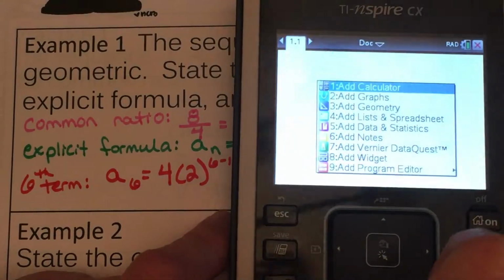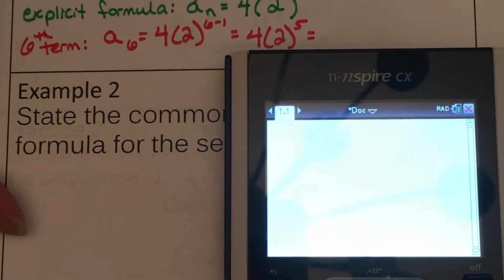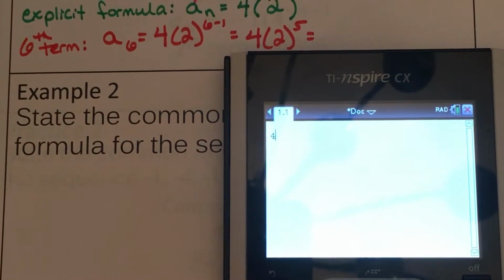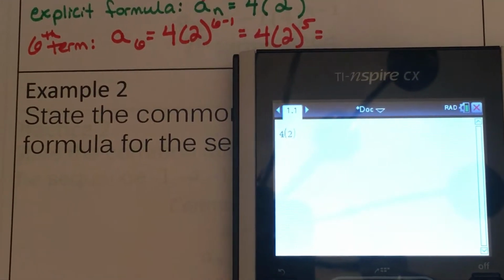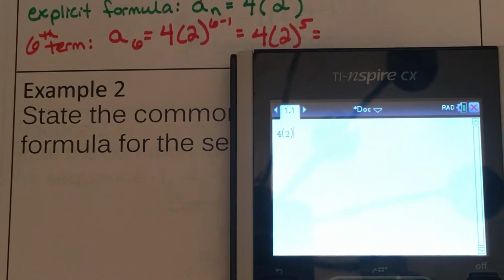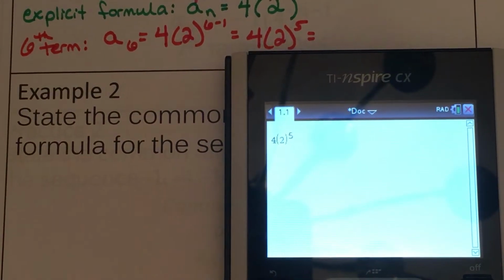All right. So here on my calculator, four, parentheses, 2, close parentheses, caret 5.